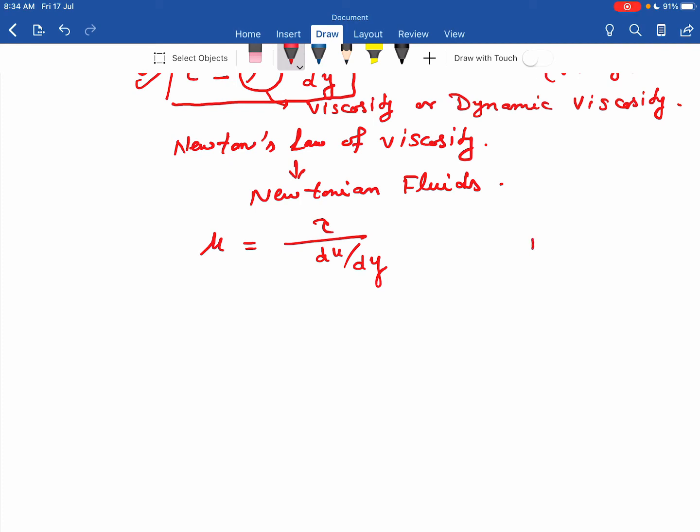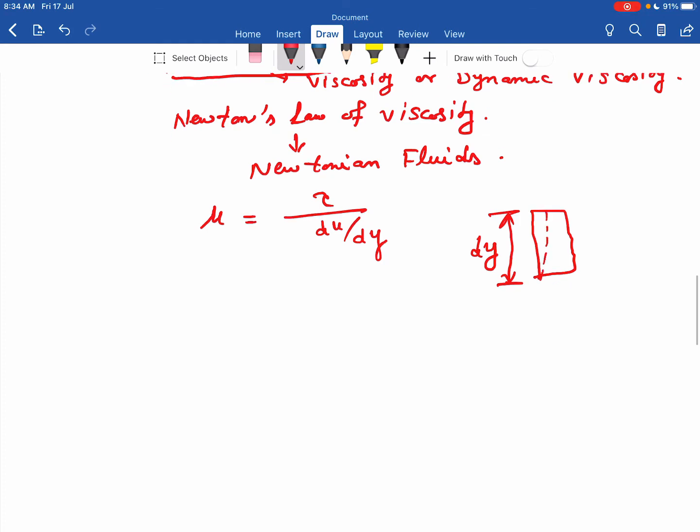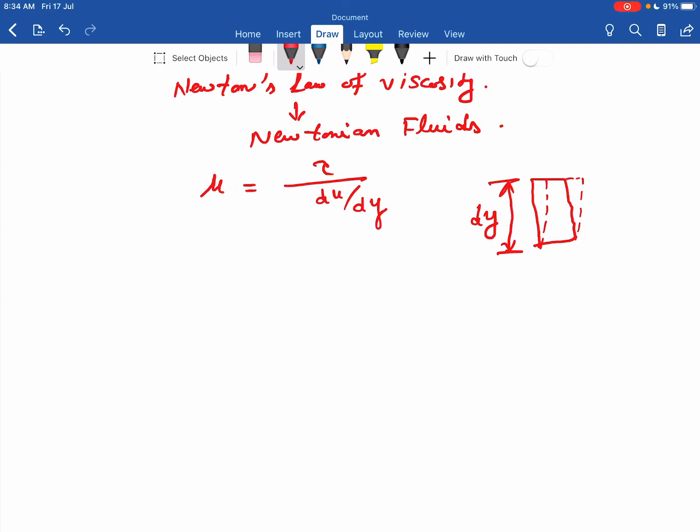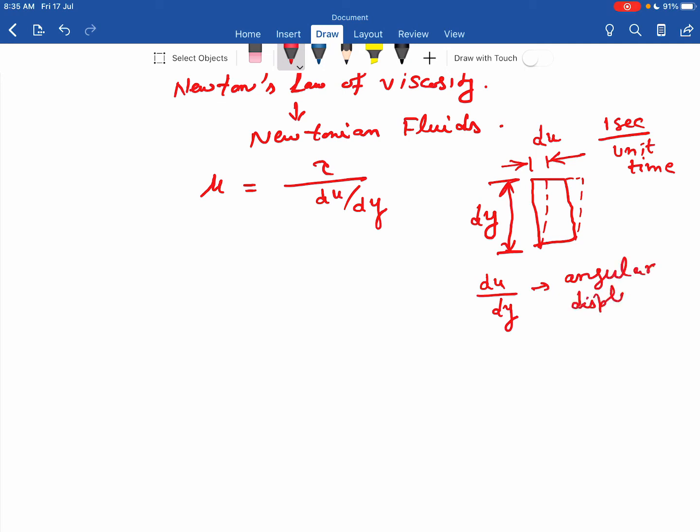If the upper end moves a distance du with respect to the lower end in 1 second, that is, the upper layer of this element moves by a distance du with respect to the lower layer in a unit time, then the term du by dy is the angular displacement, or we can call it deformation.